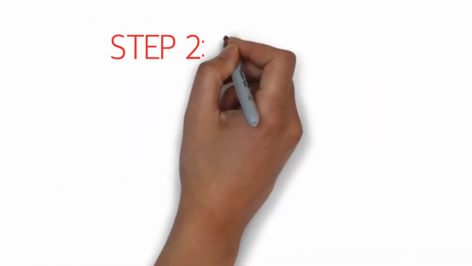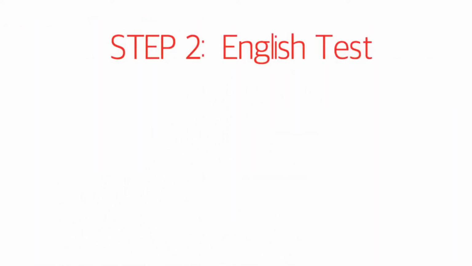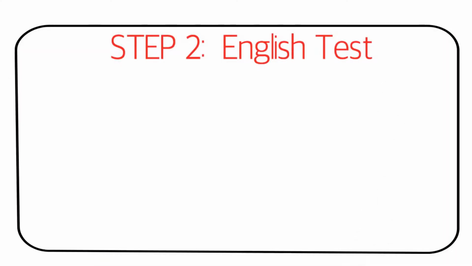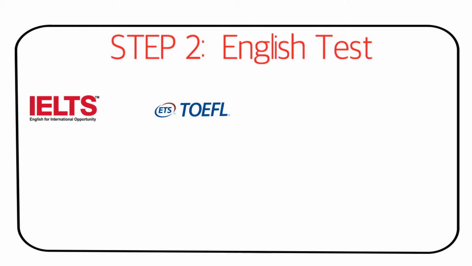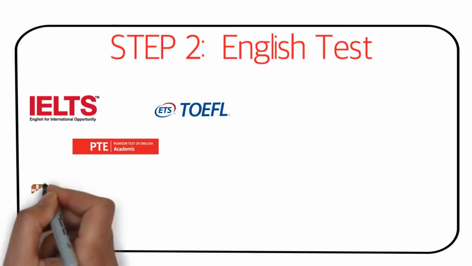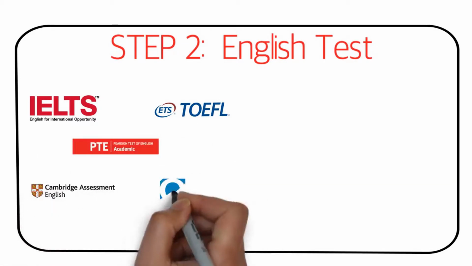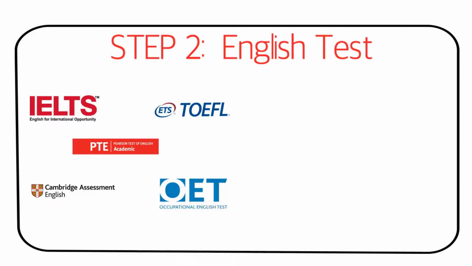Okay, step 2, English test. Now there are 5 different tests that you can choose from: IELTS, TOEFL iBT, PTE Academic, Cambridge Assessment English, or Occupational English Test. I checked almost all of these different tests. The cost for all of them is almost the same. They differ a bit, but not much.